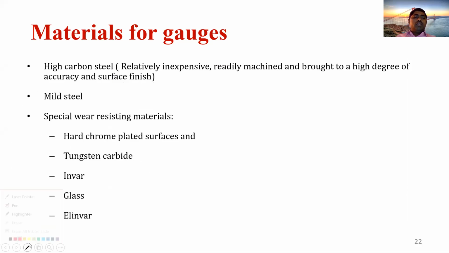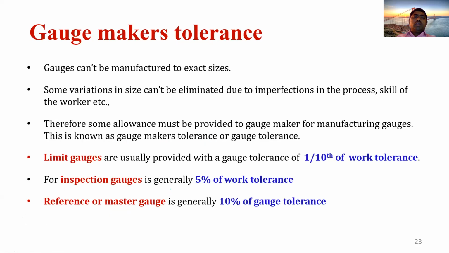Similarly, we can use mild steel, and there are also some special wear resisting materials for manufacturing of the gauges: hard chrome plated surfaces, tungsten carbide, Invar, glass, and Elinvar materials. So these are the various materials used for manufacturing of the gauges.